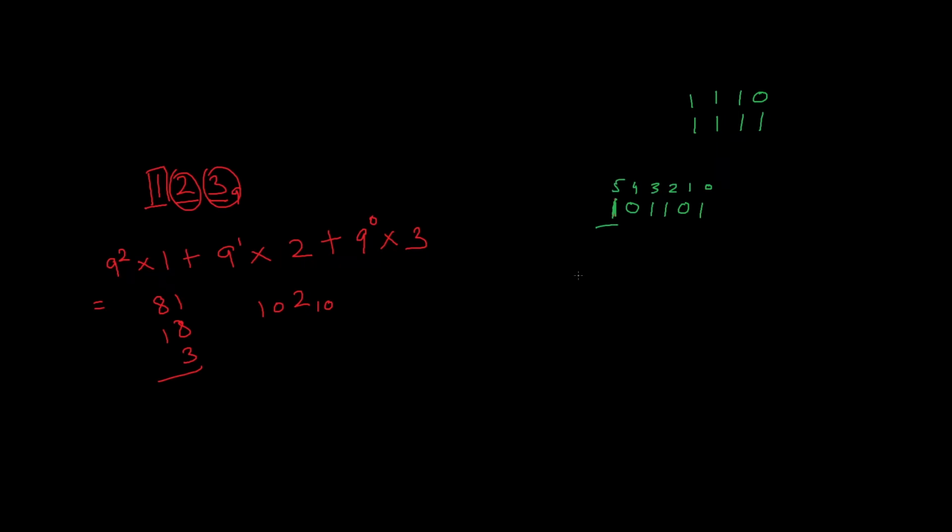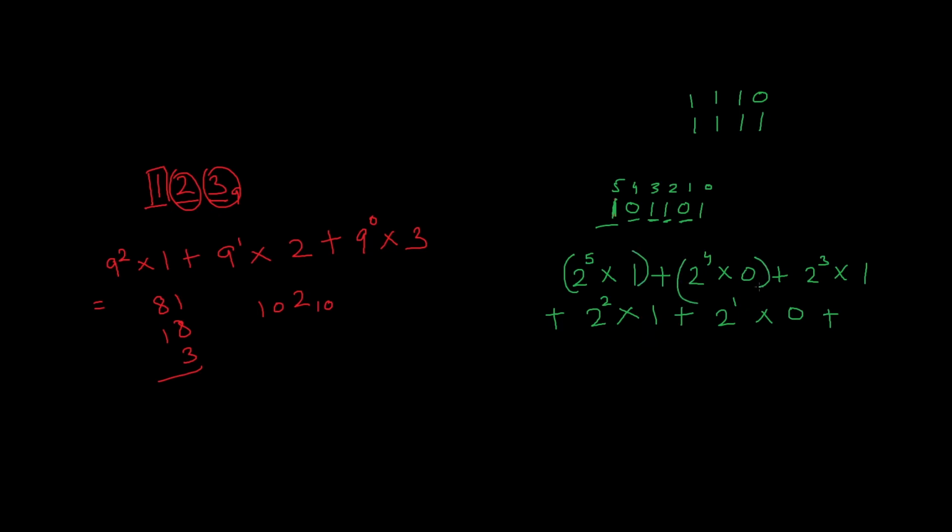So I would think of this as counting to 2 to the power 5 once, this as counting to 2 to the power 4 0 times, this would be counting to 2 to the power 3 once, this would be counting to 2 to the power 2 once, this would be counting to 2 to the power 1 0 times, and finally let's put some brackets to make things look cleaner.